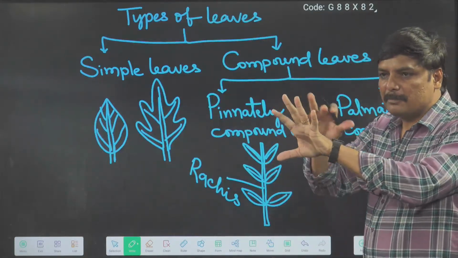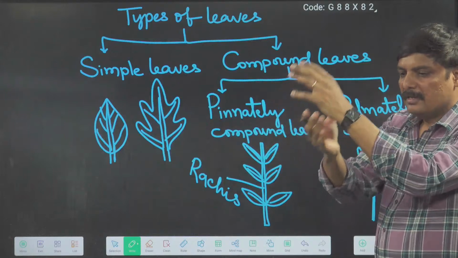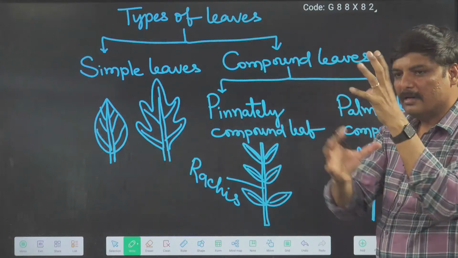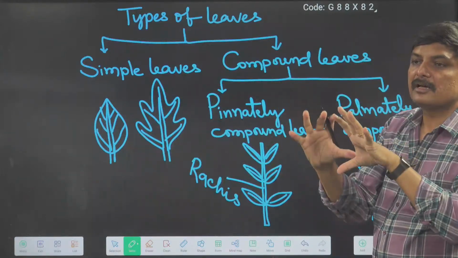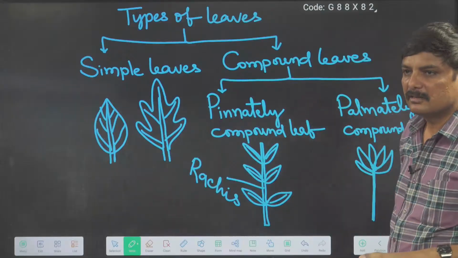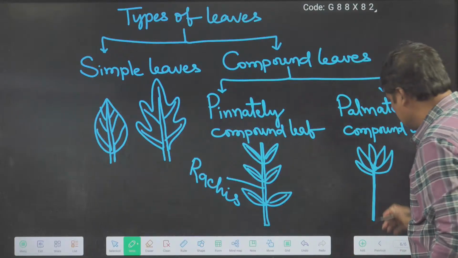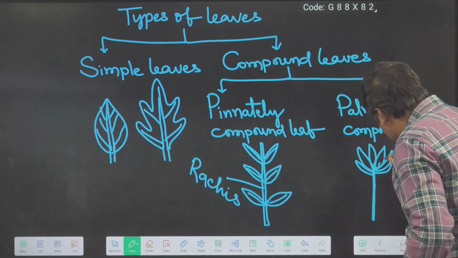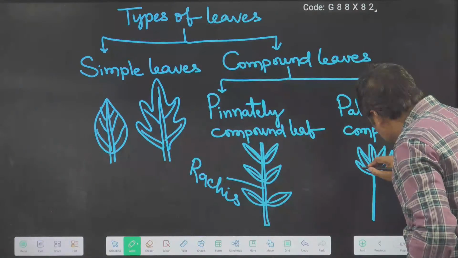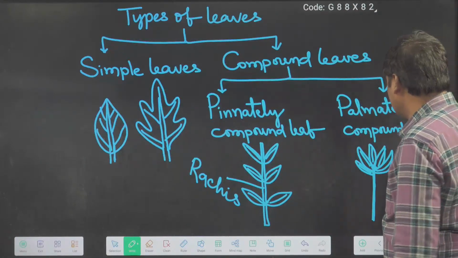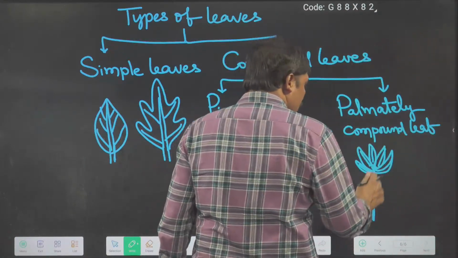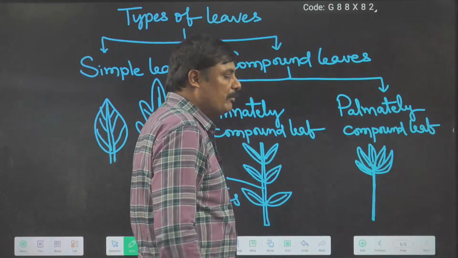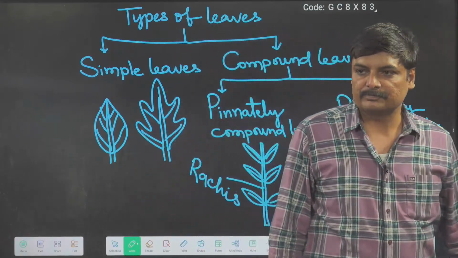This represents the petiole. These fingers represent the leaflets. There is no rachis. Several leaflets are attached at the tip of the petiole. Then it is called a palmately compound leaf.